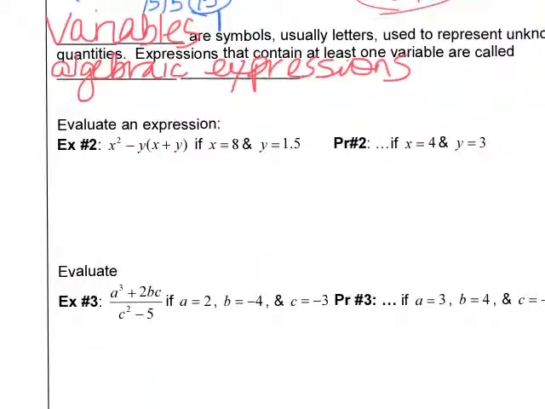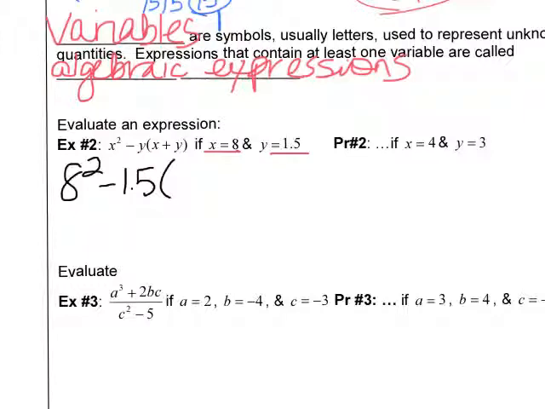Remember that evaluate basically means just figure it out, right? So now we're inserting values for our variables here. So instead of x we have 8, 8 squared minus 1.5 as our y value plus x plus y.